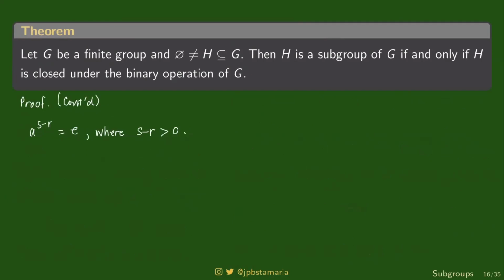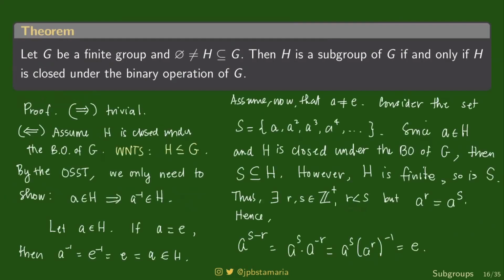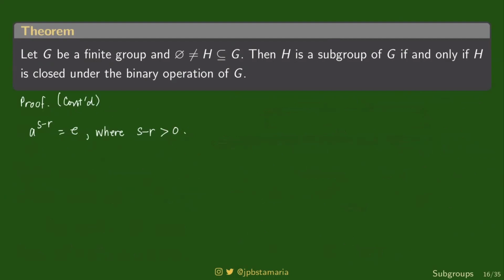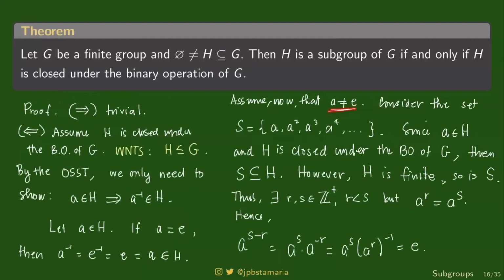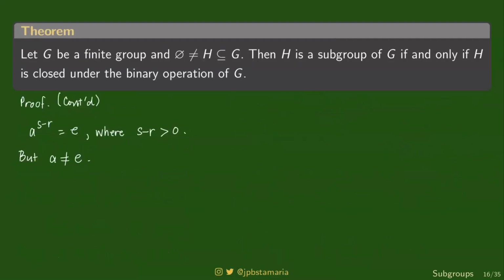A to the S minus R is equal to E. Ibig sabihin, sa listahang ito, somewhere in this list, lalabas si E. Did you understand? Somewhere in this list, lalabas si E. But A is not E. Diba? Sa assumption yun. But A is not E. Ano mangyayari? Ibig sabihin yung exponent na to hindi pwedeng maging 1.